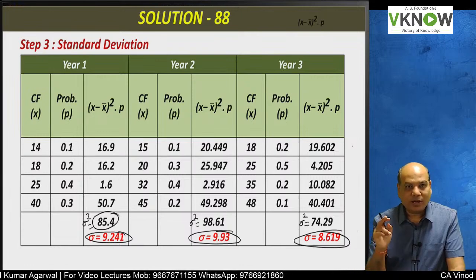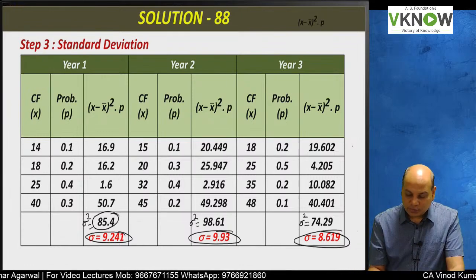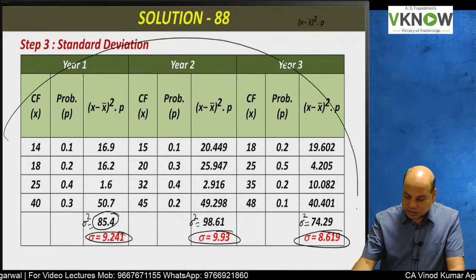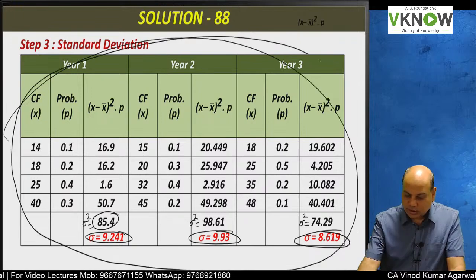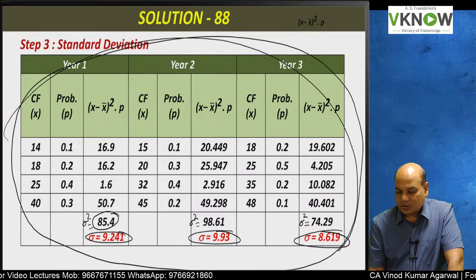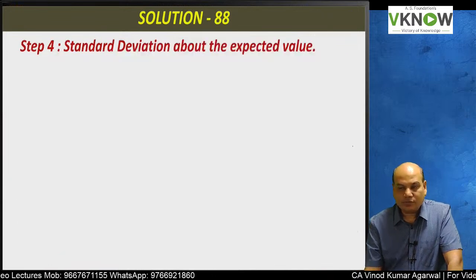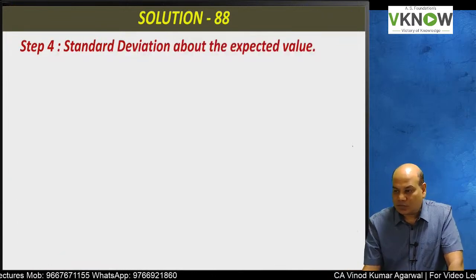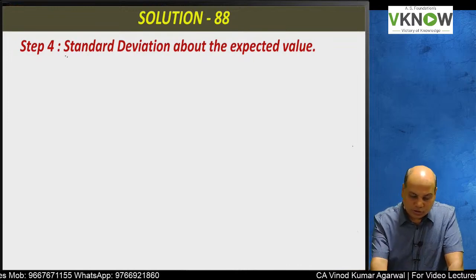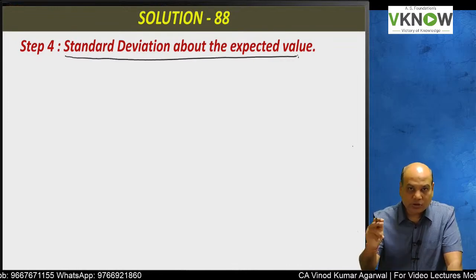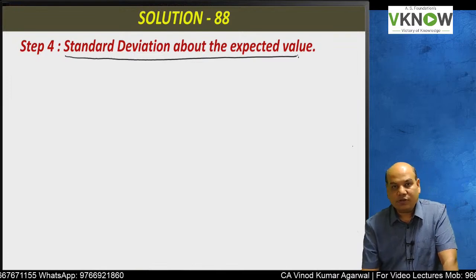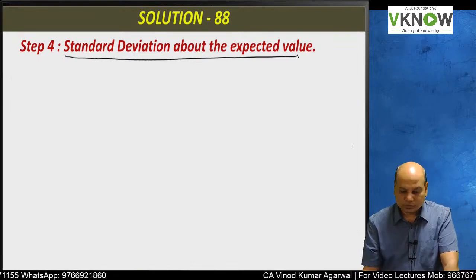Now I have to apply the Hillier model to compute the standard deviation of the entire project. So write down step 4, standard deviation about the expected value. This is your second answer.